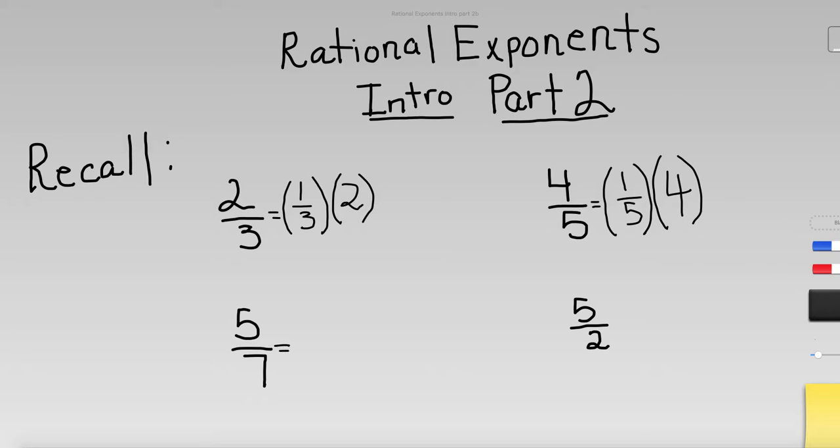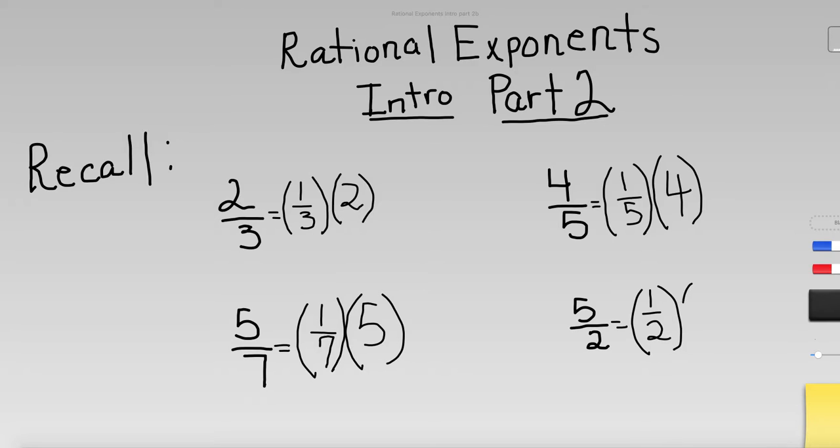And this will be 1/7 times 5. And this will be 1/2 times 5. Okay, so it's important that we remember that we could multiply these two fractions to get this single fraction.